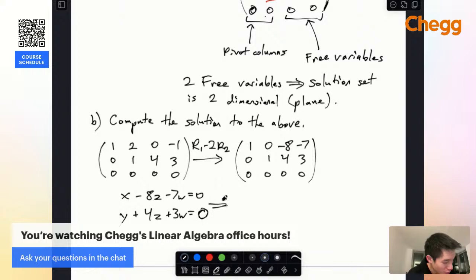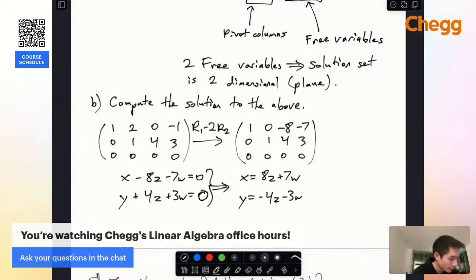So just rewrite this. And we get x equals 8z plus 7w. And y equals minus 4z minus 3w.